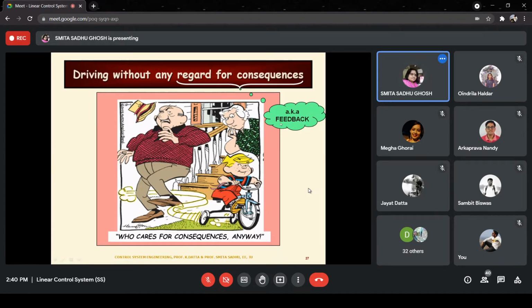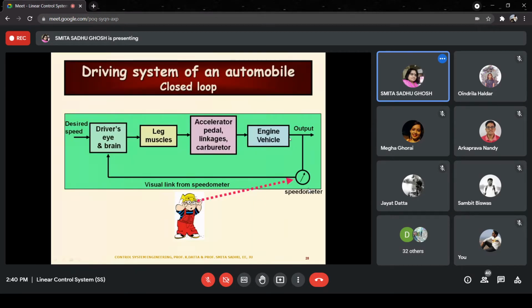So if, for example, in the same model a modification is made in this form, then we see over here in this diagram, you still have this block, that is the accelerator, pedal, linkages, carburetor, and the other block with the engine and vehicle, and the output is the speed. It's not written over here, but it's the speed.